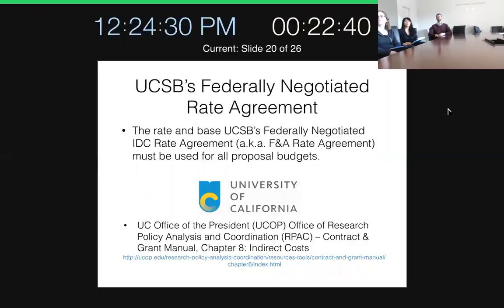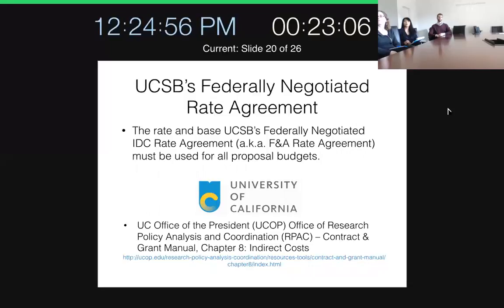Okay, so the rate and base that we have in our rate agreement must be used for all proposal budgets. And that actually comes down from the Board of the Regents. The Regents have said we absolutely have to recoup our indirect costs that we spend to conduct research on our campuses. So what they've done is they empowered our OP, the Office of Research Policy Analysis and Coordination.